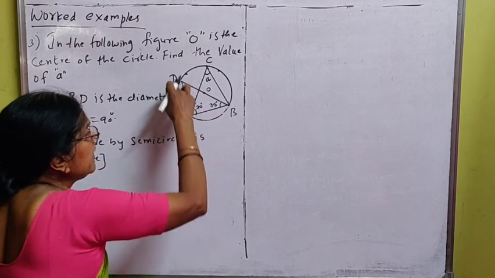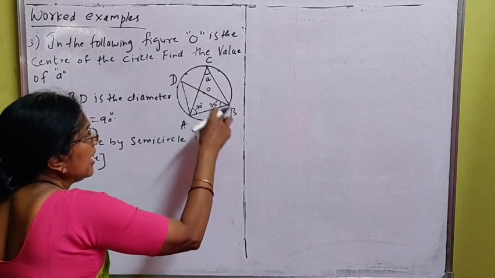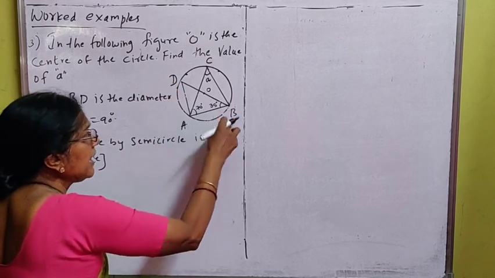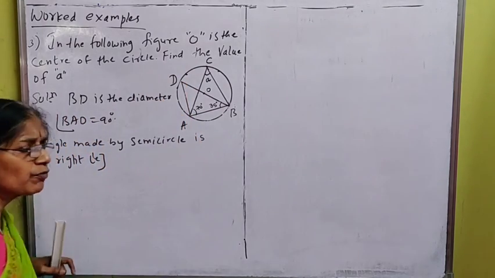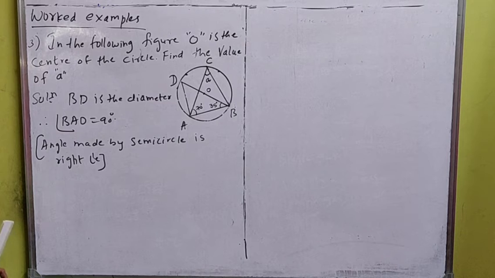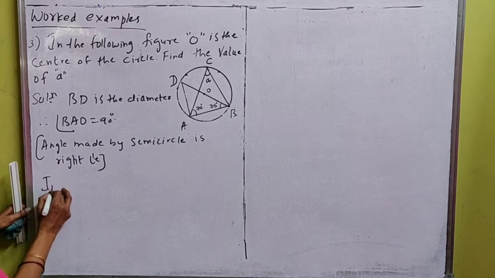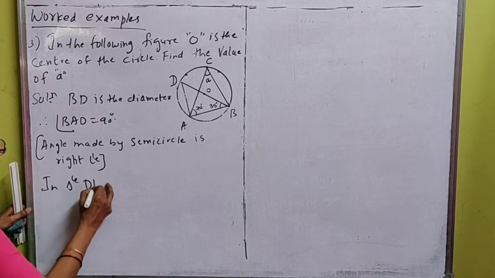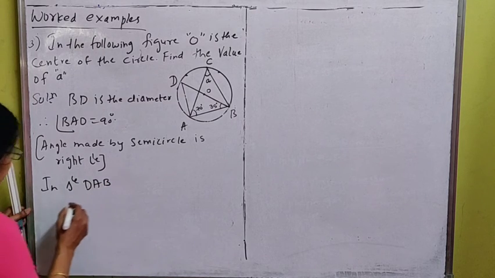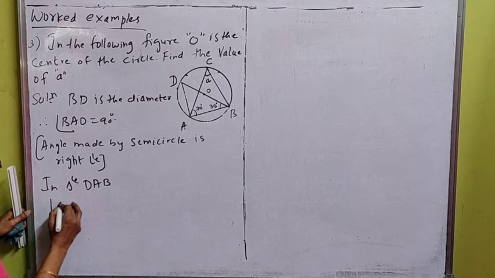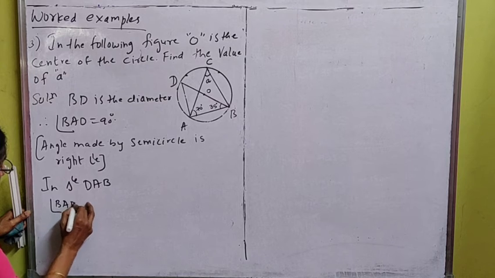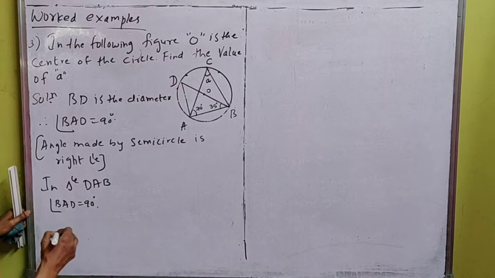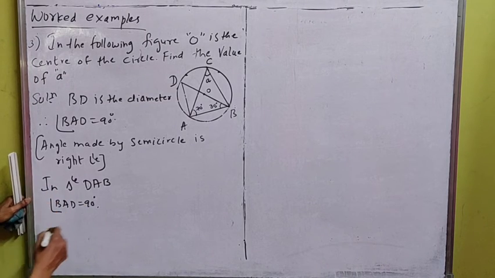Now look here. In triangle BAD, angle BAD we got, angle ABD we got. Can't we find out what is angle ADB? We will use the interior angle theorem. In triangle BAD, angle BAD is equal to 90 degrees. We proved that now. Next, what angle is given?